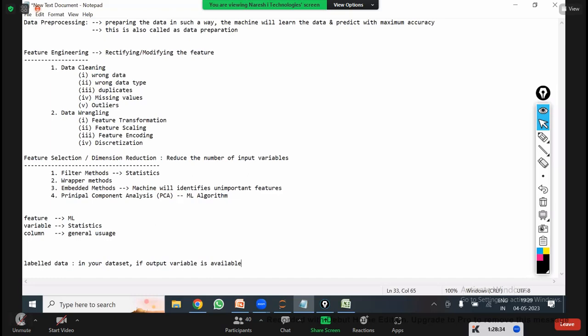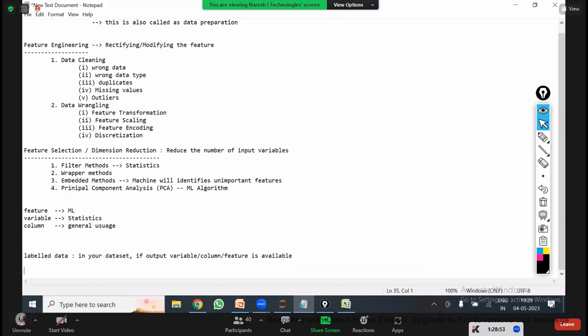Variable means column, or feature. Variable, column or feature, everything is the same. If output variable or output column is available, then it is called labeled data. If there is no output variable, then it is called unlabeled data.